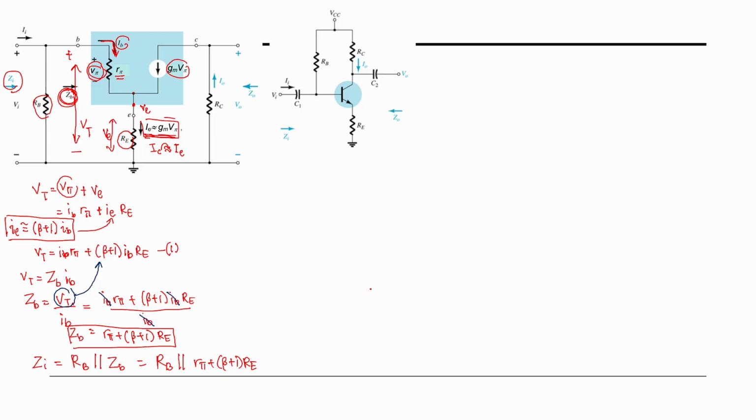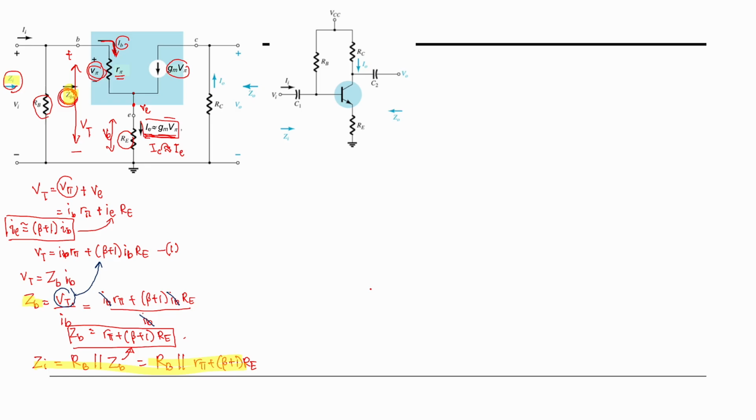You can include it inside here. So from here, you can solve for the value of ZB, and we also find the value of input impedance. So this is the value of your input impedance.